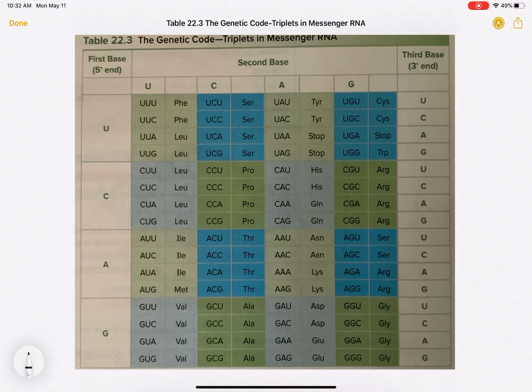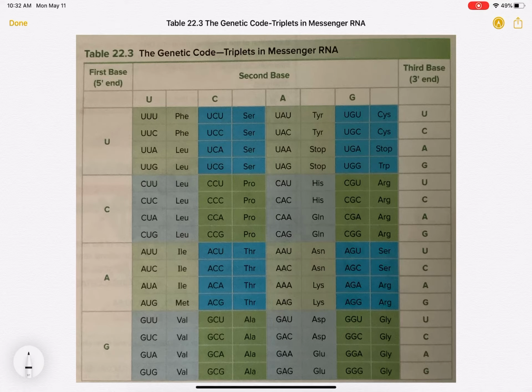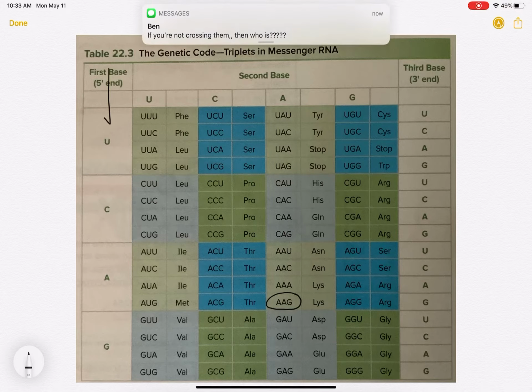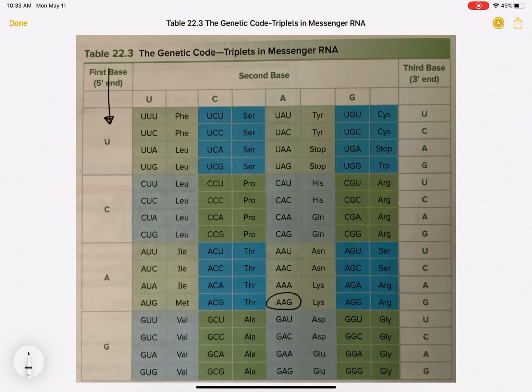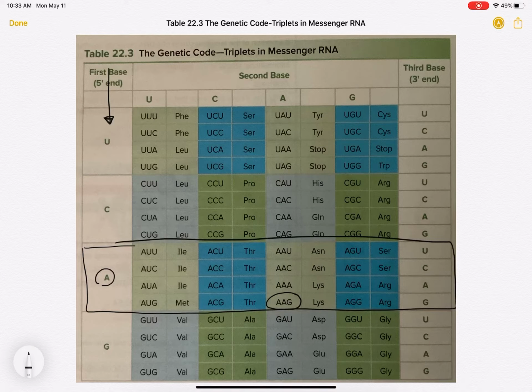The way that you can use this table, if you're looking for a particular codon, you can just look for it and find it. Like if we were looking for the AAG codon, you can just look around until you find it. AAG is down here. Or you can use the organization. So it's telling you the very first nucleotide, which you're going to look up right here. So these are all the ones right here that start with A. And then you're going to go to the second nucleotide.